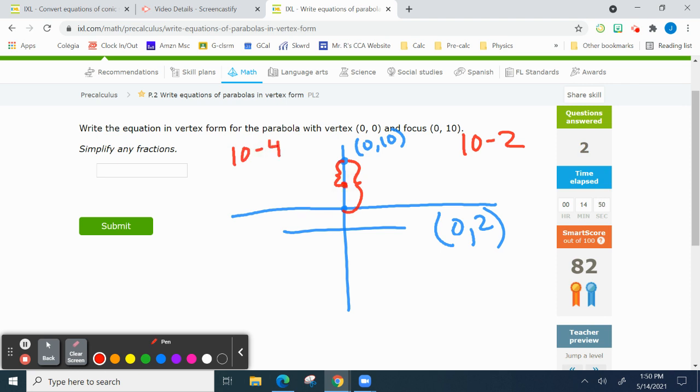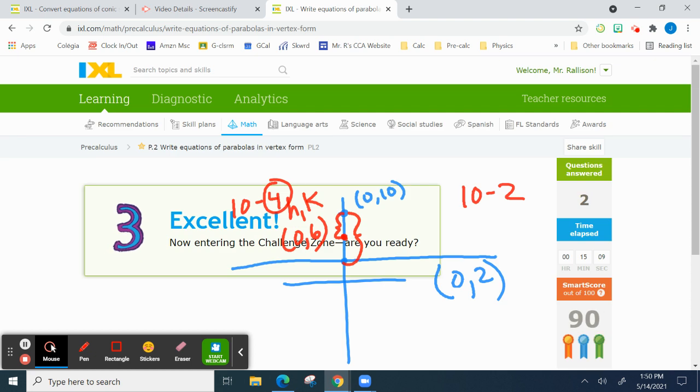The vertex will be at 0, 6. So now you've got your h and your k, and your c is going to be 4 right there, right? And then you can find your a.